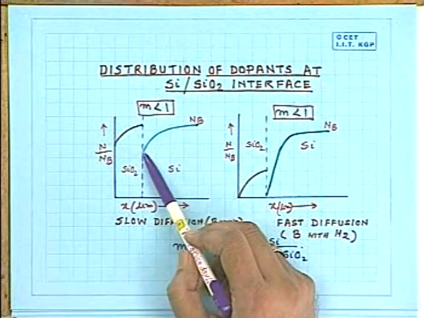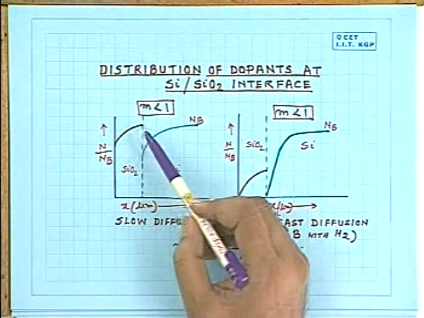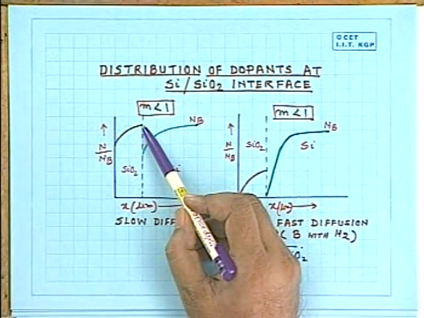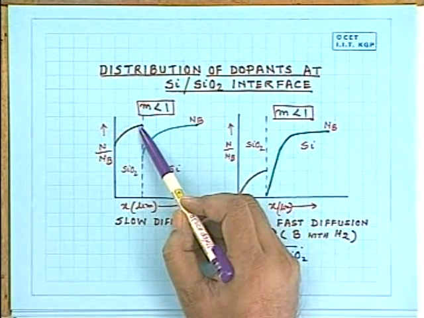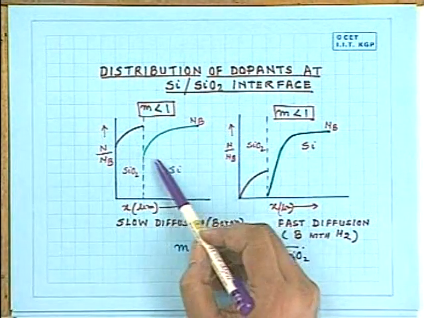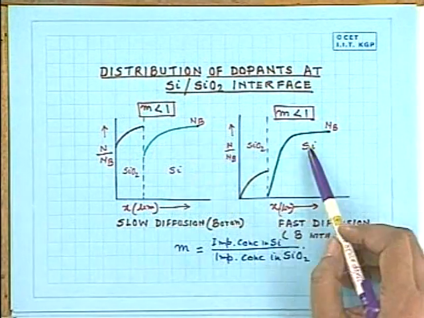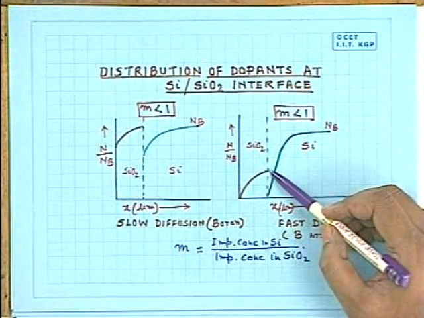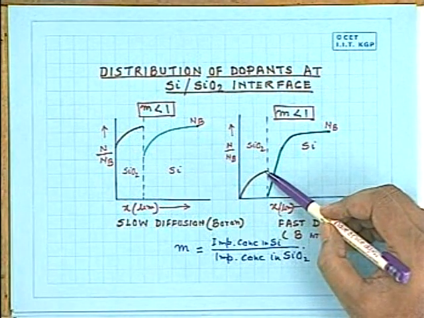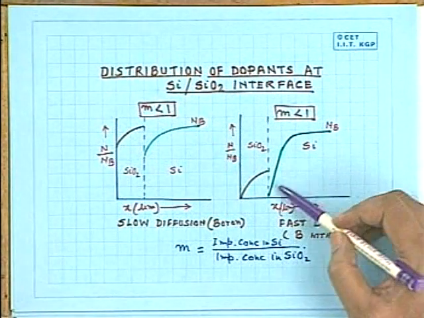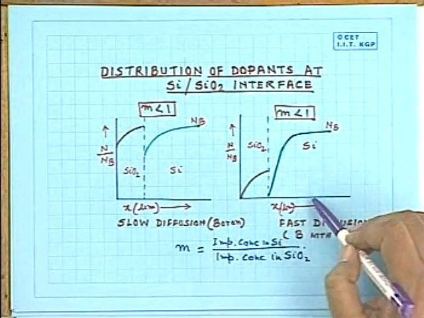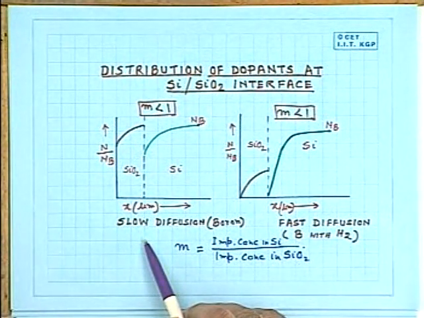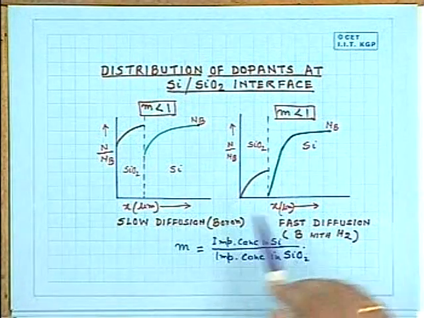At the interface, we always find that the doping concentration on the silicon dioxide side is more compared to the doping concentration on the silicon side. And these two curves are for two different phenomena: one is slow diffusion, another is fast diffusion.